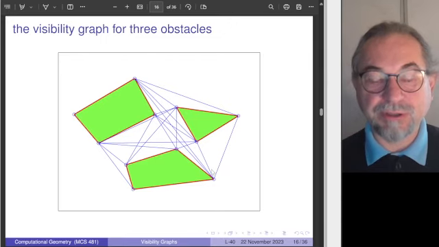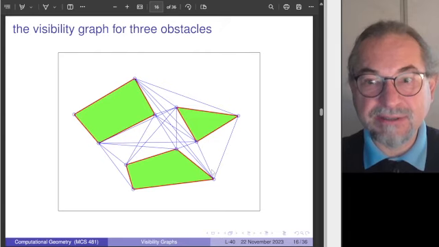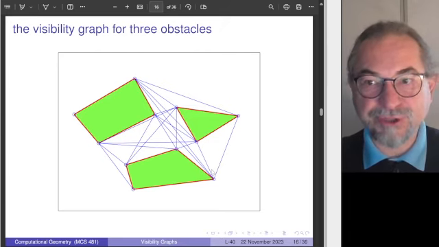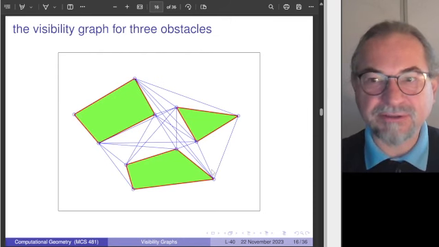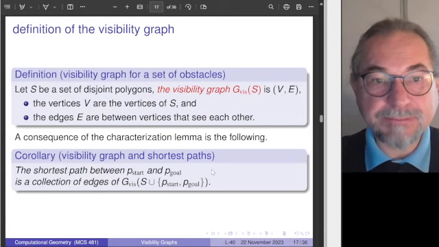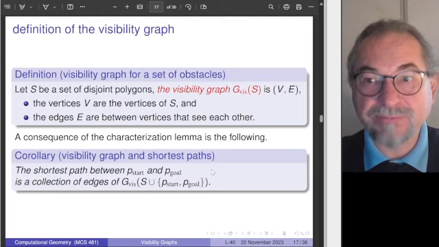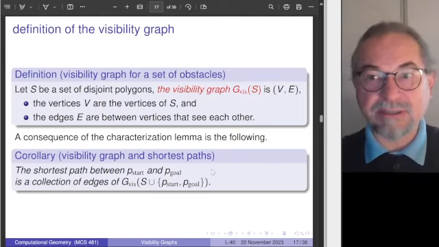So two vertices are connected if they can see each other. So it's an undirected graph, so it's symmetric. So this is the definition now of the visibility graph. Because of the lemma, this definition makes sense in the context of shortest paths.